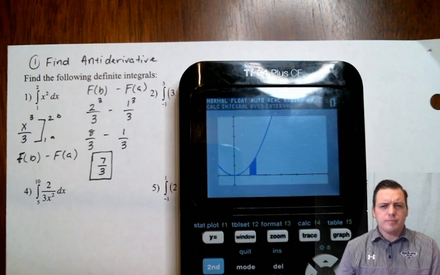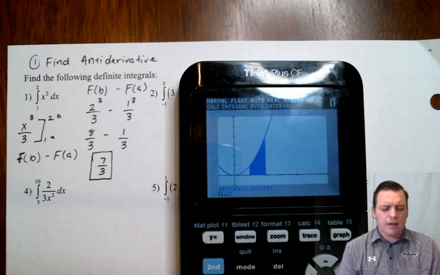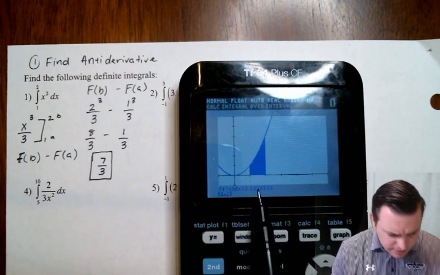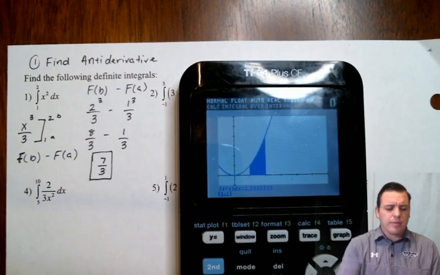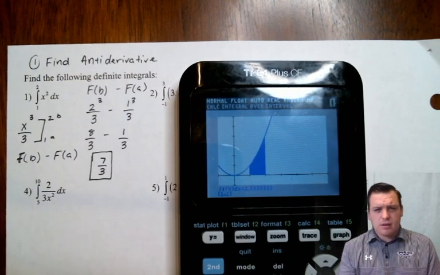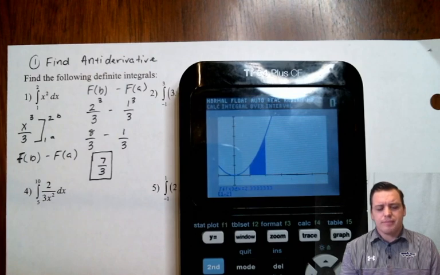And I hit enter. It shows me the area on the graph, as well as it gives me the area. You should be able to see it on yours, that says 2.333333, and that is 7 over 3 as a decimal.